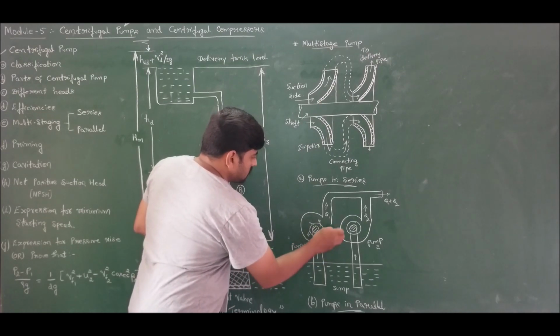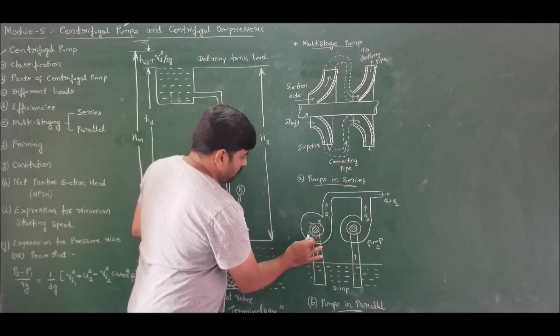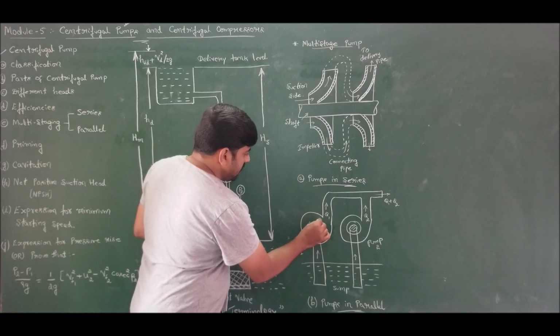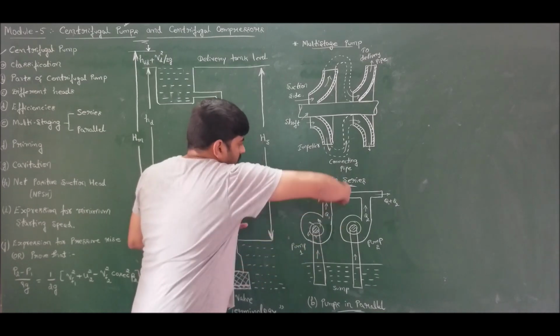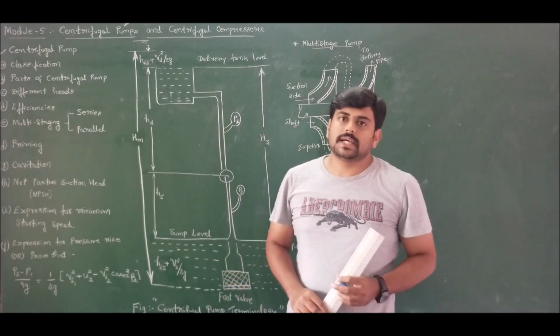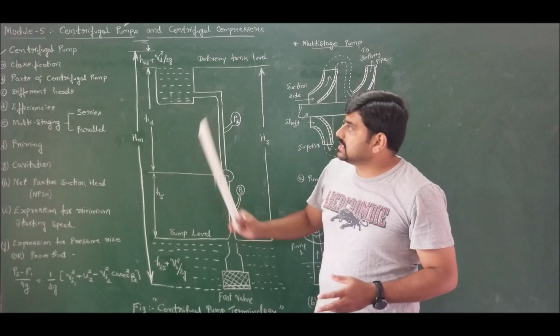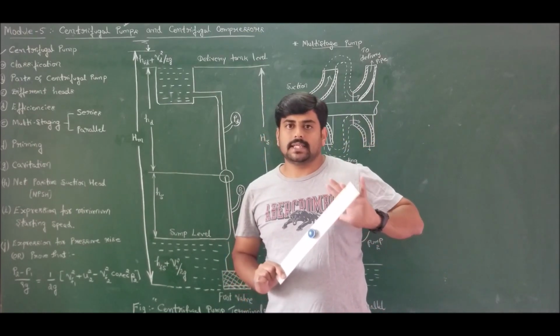So actually the cross section area at delivery should be high compared to the area here. So the casing will be of increasing area connecting to the delivery pipe, which ensures that pressure rise is taking place. So this is about parts of centrifugal pump, that is impeller, diffuser and casing.